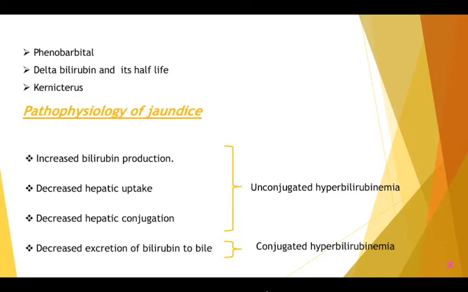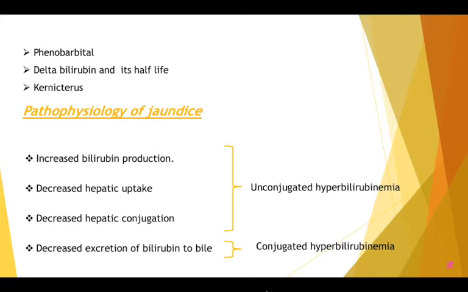So increased bilirubin production. Then decreased hepatic uptake. The produced bilirubin is not taken up by the liver, so it will increase in the blood. Okay. Next is the decreased hepatic conjugation. The bilirubin that is coming into the liver is not getting conjugated.